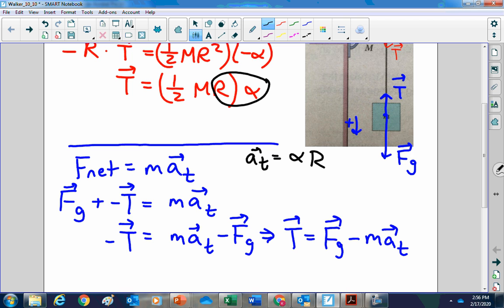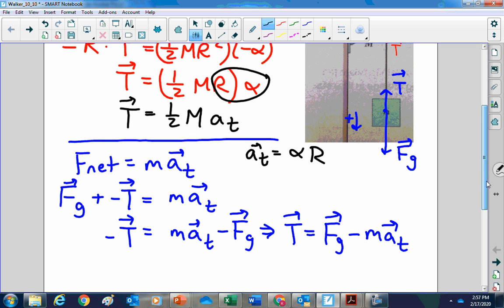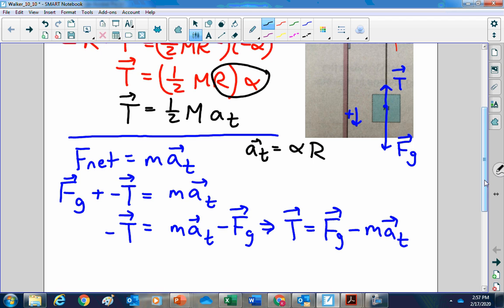So let's rewrite this: T equals 1/2 M a_t. So we're basically solving simultaneous equations here. Let's come down here, drag this down, and set these equal.